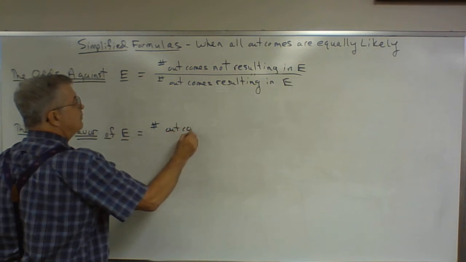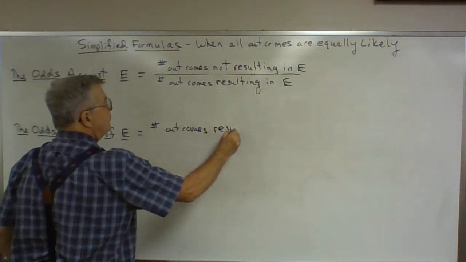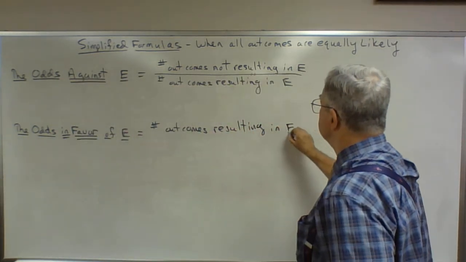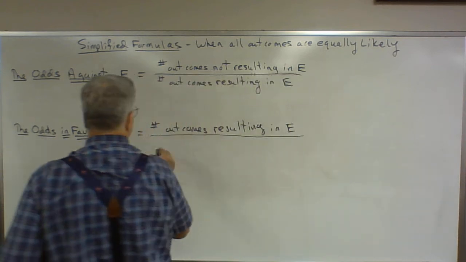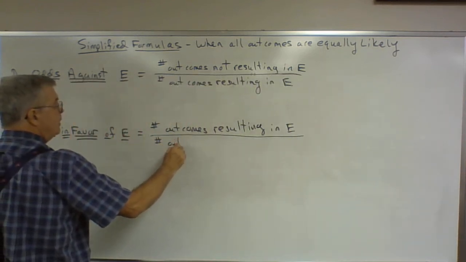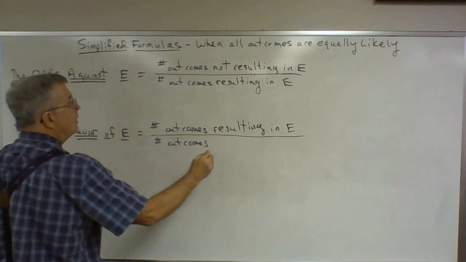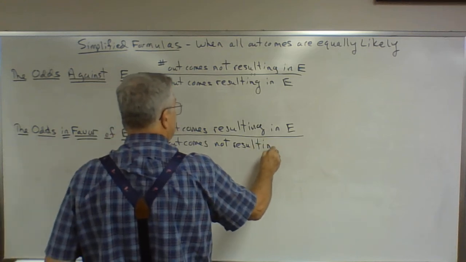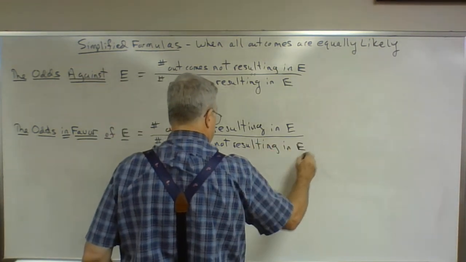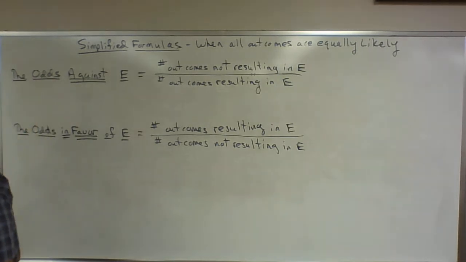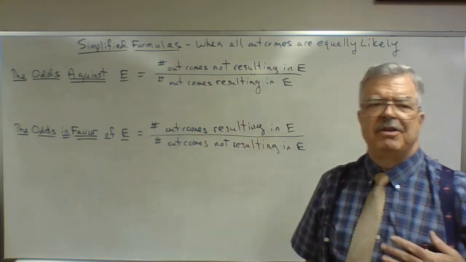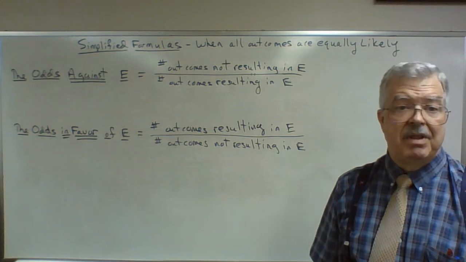Number of outcomes resulting in E all over the number of outcomes not resulting in E. These are a little bit easier to use when they apply.